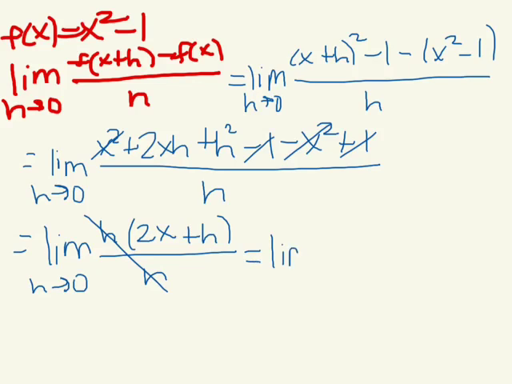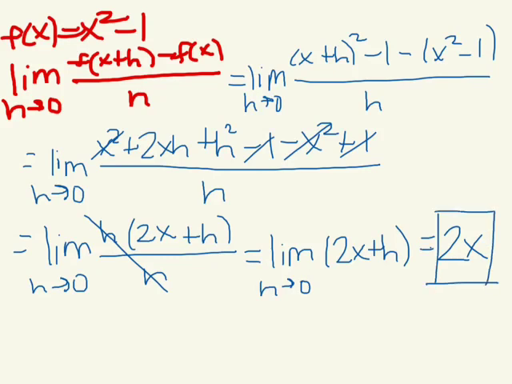So we are finally down to the limit as h approaches 0 of 2x plus h. Now, please remember, this limit we are evaluating is when h goes to 0. So that is the value we're substituting in for. That is the variable we need to substitute in for. 0 needs to go in for h. So when I plug 0 in for h, we are left with 2x.